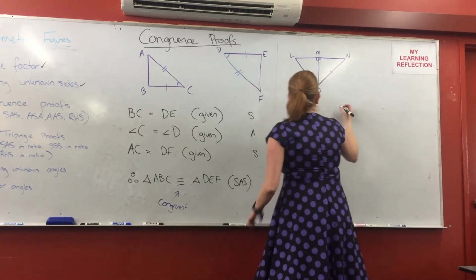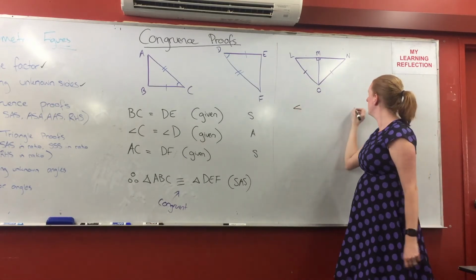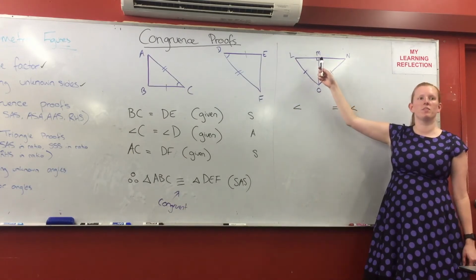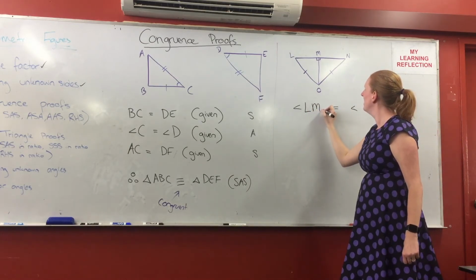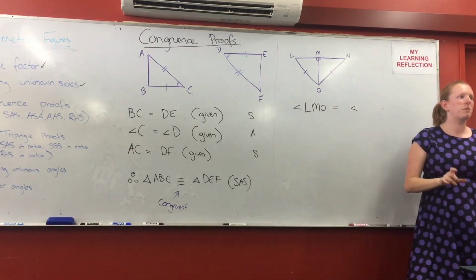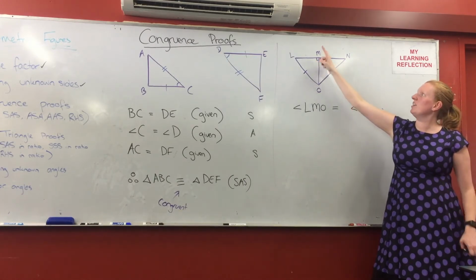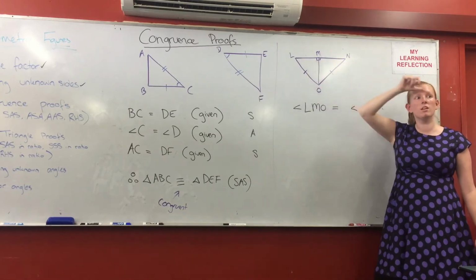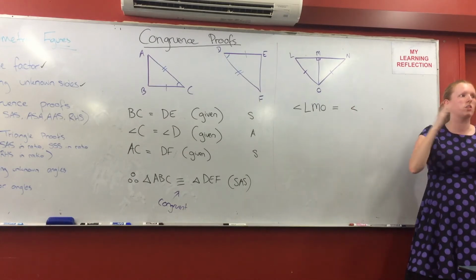So, let's talk about my right angle. What do I call it? LMO is equal to NMO. When you are talking about an angle that is shared, I can't just say angle M, I have to use the 2 arms and put the M in the middle, because if I just say angle M, I'd be talking about the whole thing.